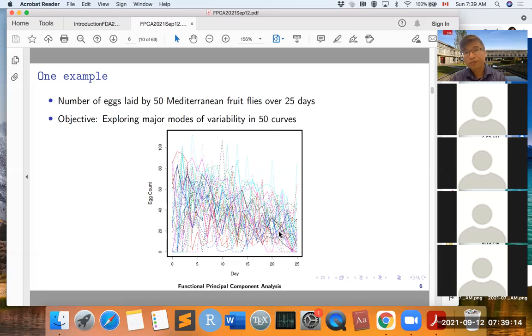In other words, the intercept will be the first LPC scores, and the slope will be the second LPC scores. This is very cool. I like these connections. Okay, thank you.